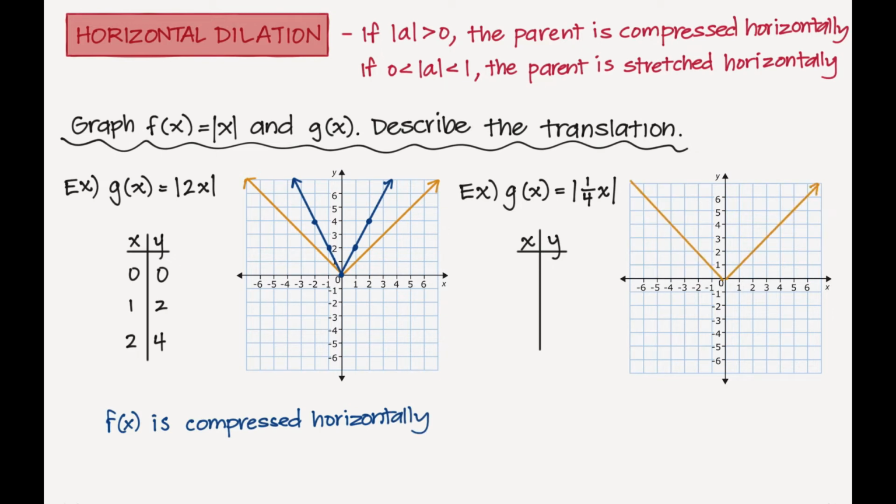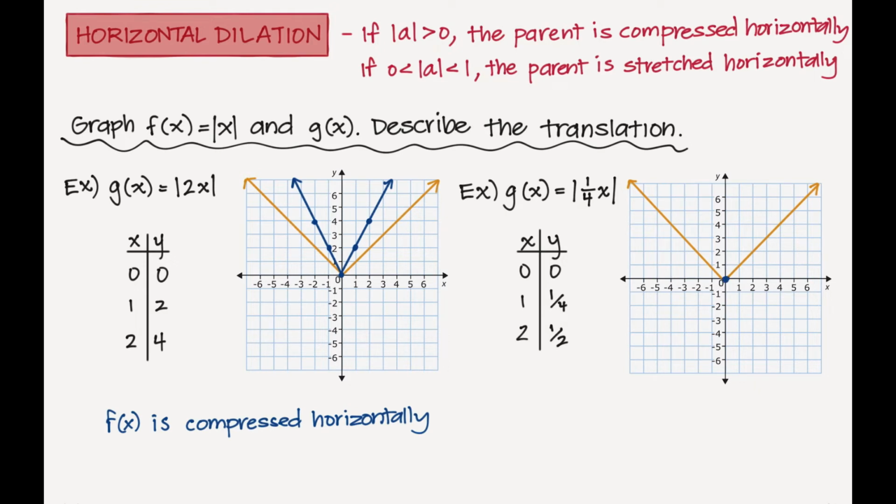This last one here, I'm going to plot the function for the parent, and then I'm going to pick those same points and plug it in so that the absolute value of 1/4 times 0 is 0, 1/4 times 1 is 1/4, and 1/4 times 2 is 1/2. All right, now let's go ahead and plot those 3 points.